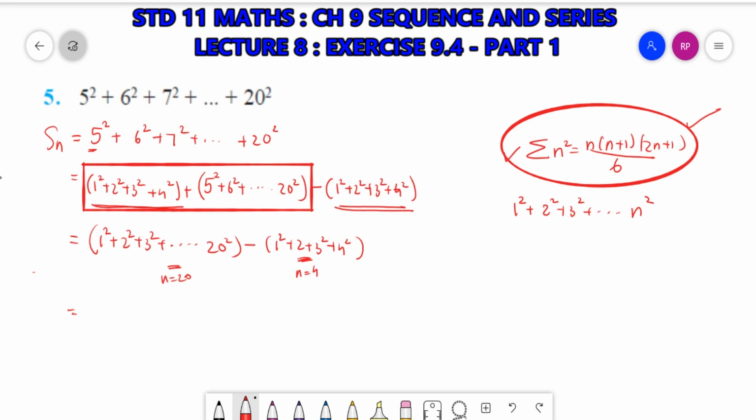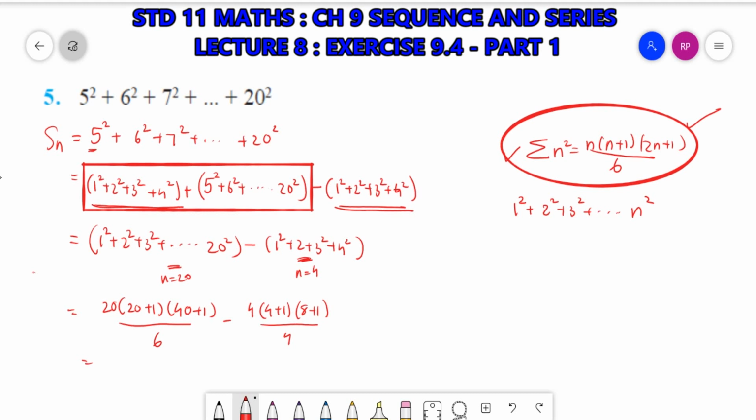So this will be equal to n into n plus 1, 20 into 20 plus 1, into 2n plus 1, 20 into 2 is 40 plus 1, upon 6. Minus, n equal to 4: 4 into 4 plus 1 into 2n plus 1, 4 into 2 is 8 plus 1, upon 4.